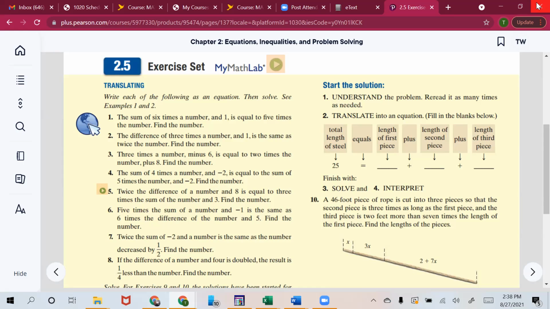So I've got my paper copy of my book. So let's go to the whiteboard. And this is a process. We got to stop share, and then we've got to reshare, and I got to reshare a whiteboard. There we go. Okay, the difference of 3 times the number and 1 is the same as twice the number. Find the number. Oh, come on. No, we're not doing this.